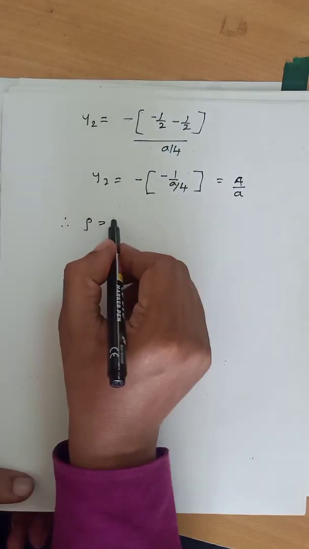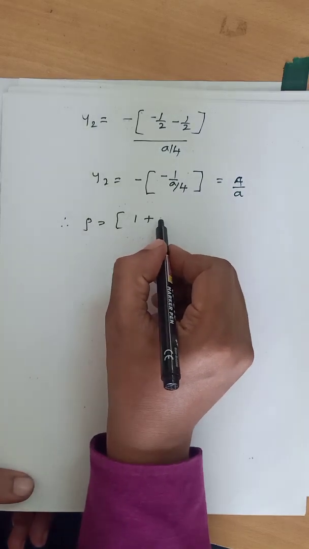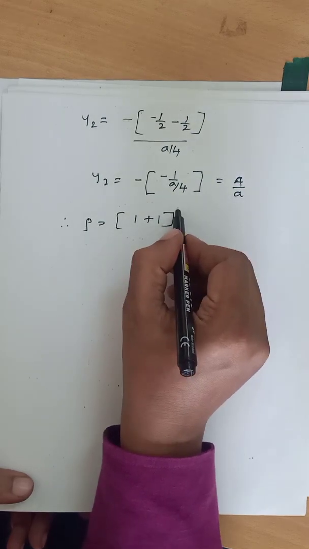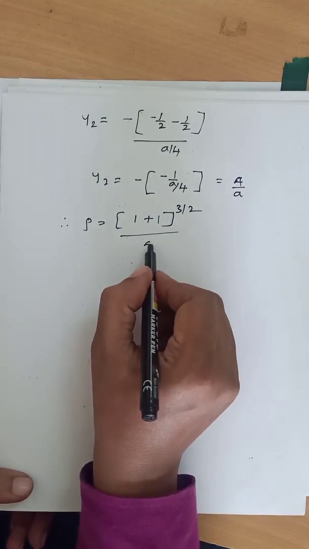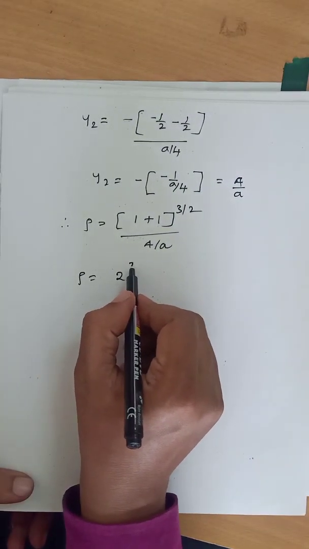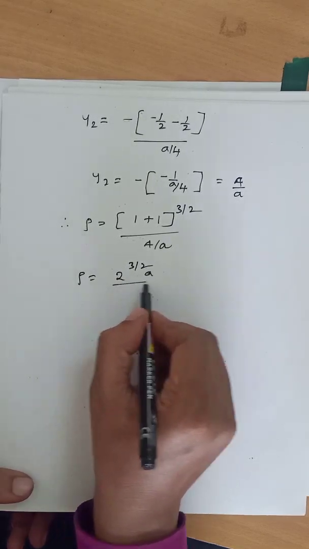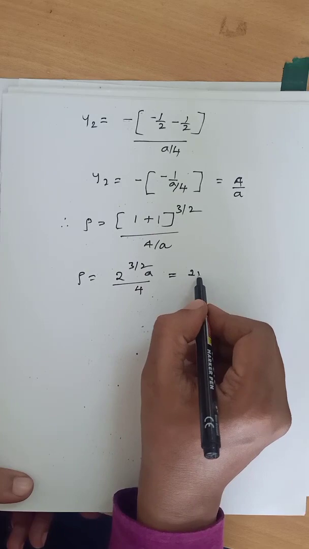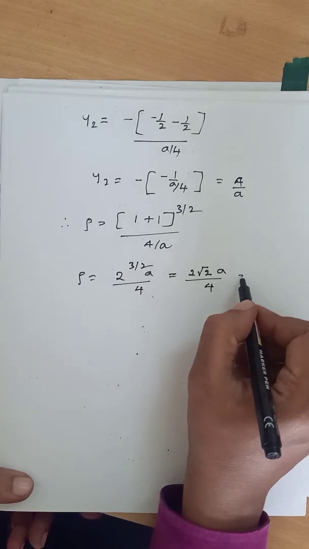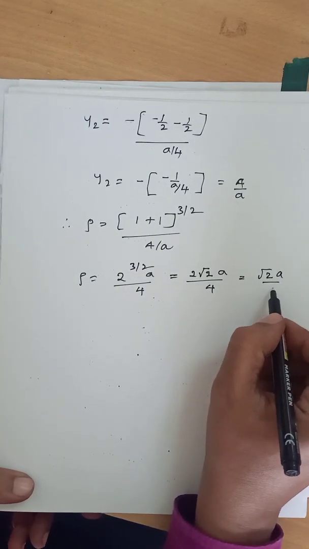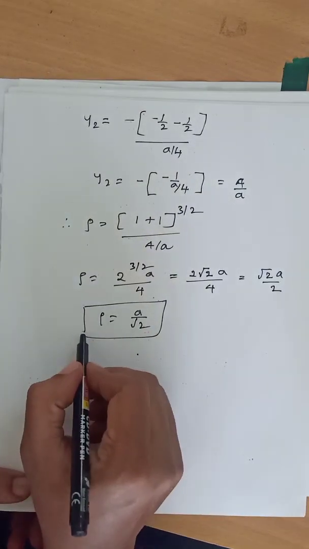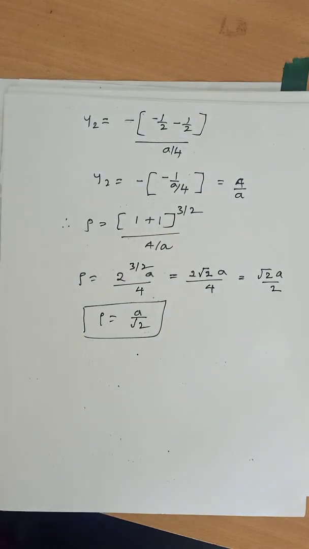Therefore rho is equal to 1 plus y1 is minus 1 into minus whole square plus 1 power 3 by 2, y2 is 4 by a, or rho is equal to 2 power 3 by 2 into a by 4, or we write one more step, meaning of this is 2 root 2 into a by 4, 2 cancel, root 2 a by 2, or rho is equal to a by root 2 is the required radius of curvature of the given curve.